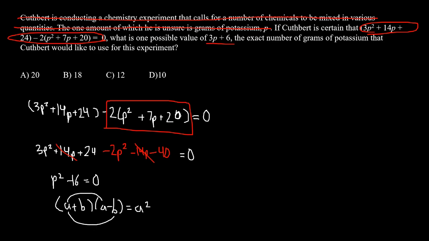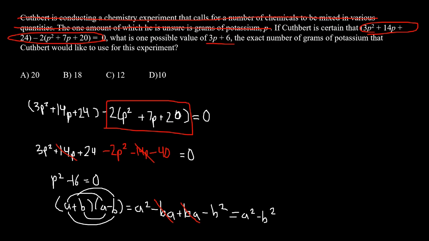And then you're going to get a multiplied by negative b, which is negative ba. And then b is going to multiply by a, so you're going to get plus ba. And then the last two terms are going to multiply, so it's going to be b multiplied by negative b, which is negative b squared. And if you see, the middle terms are going to cancel out. So we're going to get a squared minus b squared.